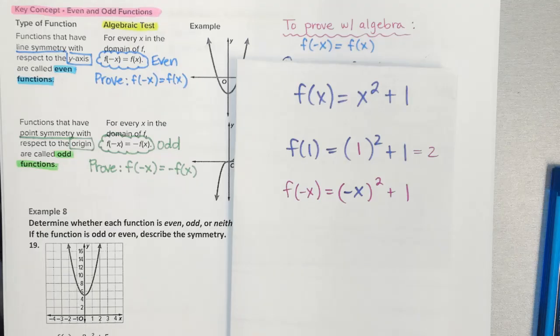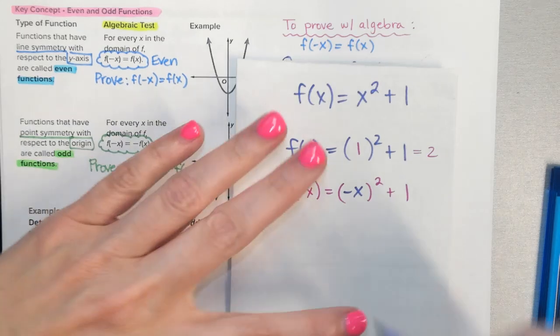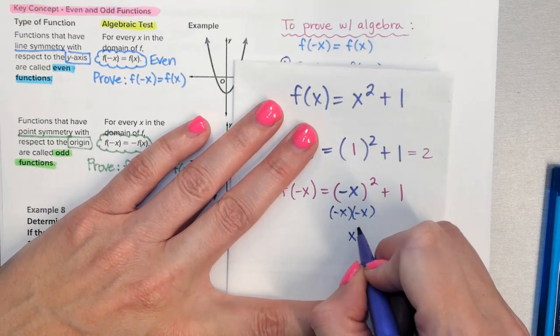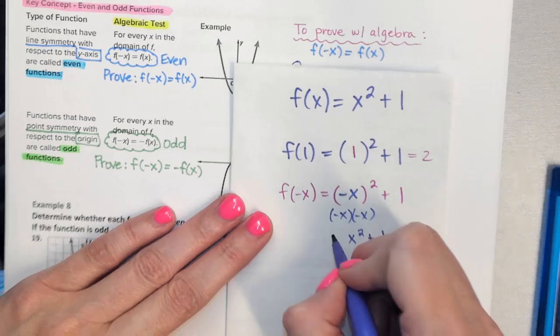Yeah, it'd be x squared, right? Because if you have this, it's negative x times negative x. And then a negative times a negative is going to be a positive, so it's positive x squared. Okay, so you're evaluating this conceptually, which I know is a little bit different.